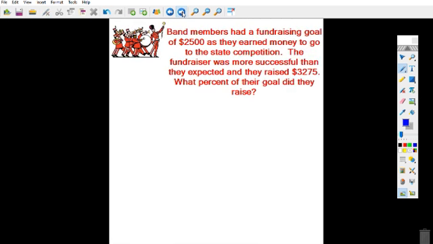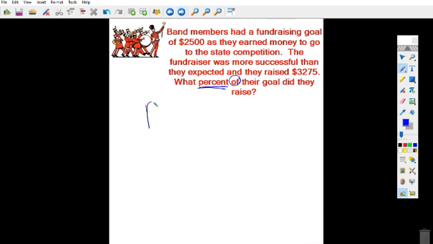Next one. Band members had a fundraising goal of $2,500 as they earned money to go to state. The fundraiser was more successful than they expected, and they raised $3,275. What percent of their goal did they raise? Let's make an equation. So we want to find the percent of.